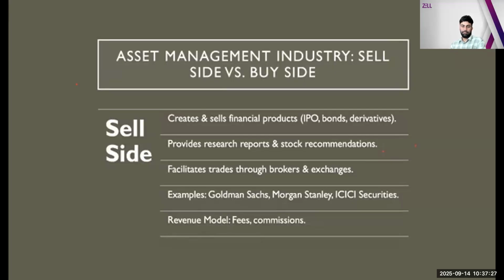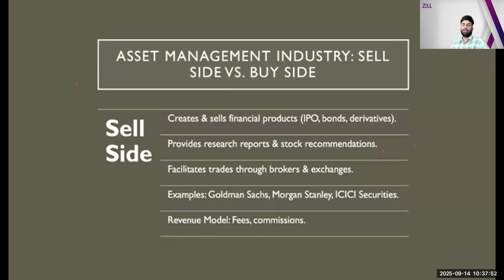Are we clear? Unless a restaurant has a good chef and sells the product prepared by that chef, will it be able to sell anything in the market? No, right? So on the sell side, you have the chef and the restaurant as a marketplace.